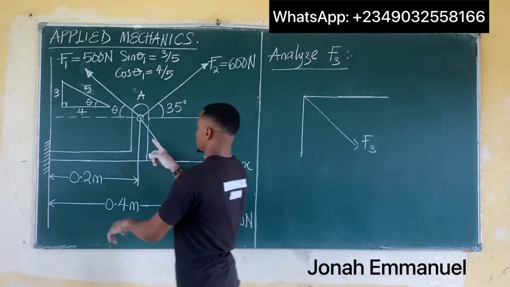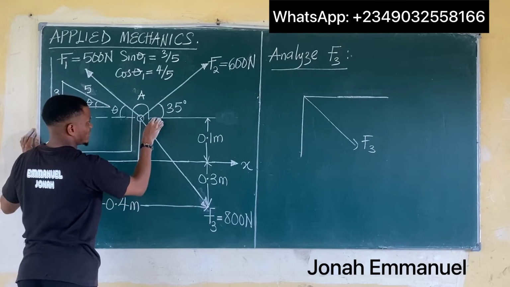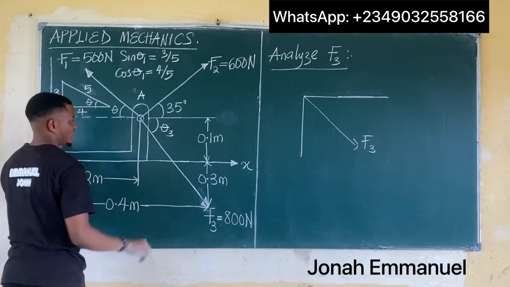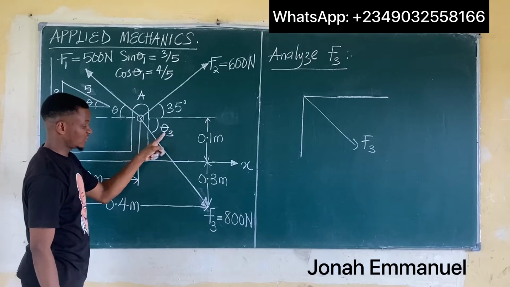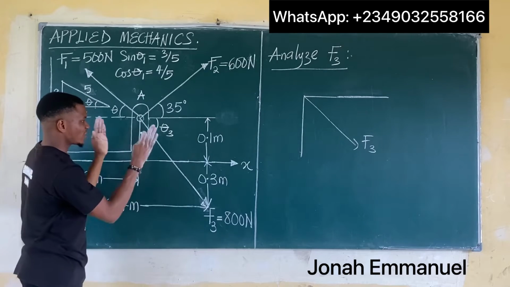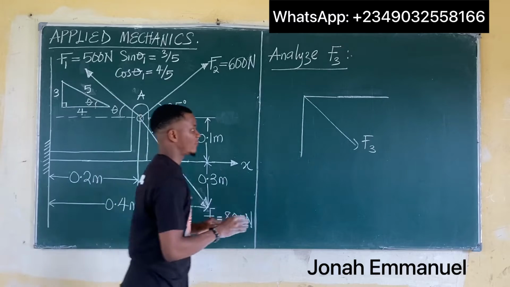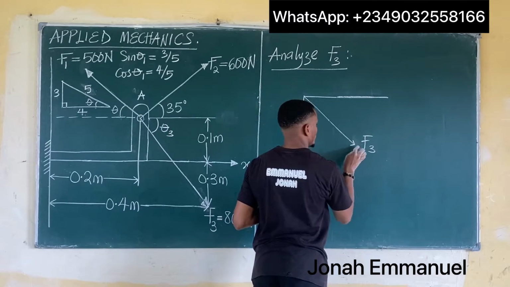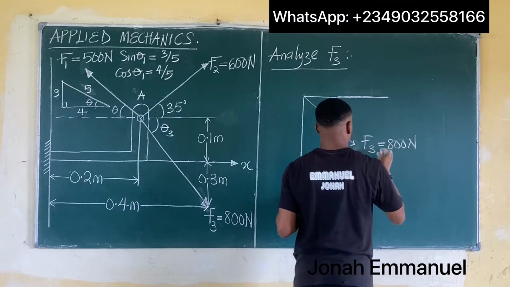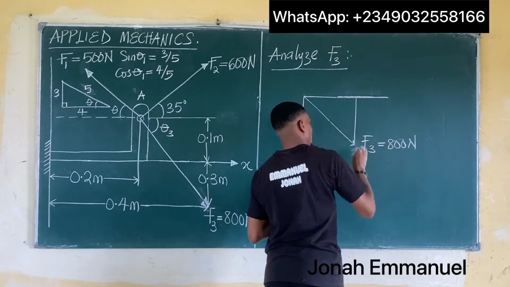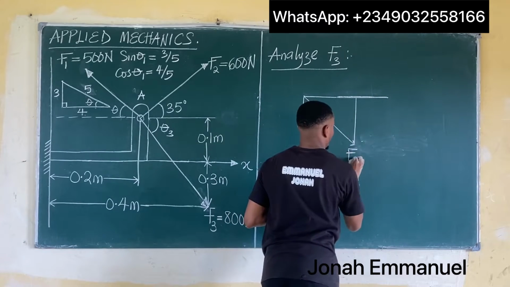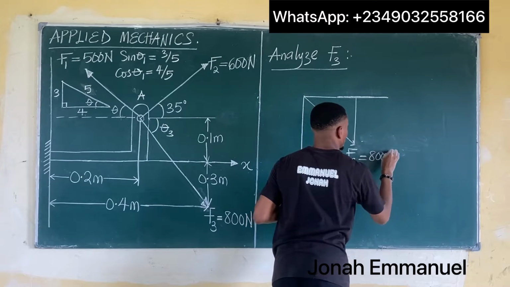Since no angle was given, we'll also assume this angle here and call this theta 3. Theta 3 is the angle of inclination of F3 to the horizontal. If I watch this closely, we can get a triangle of this form, where F3 is equal to 800 Newton.